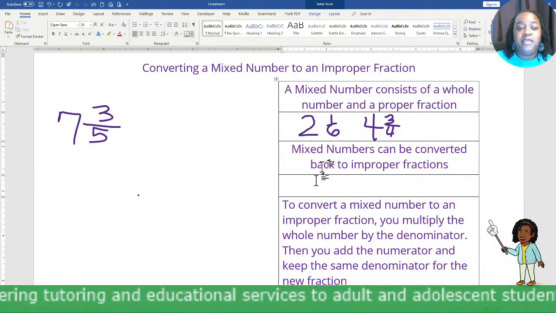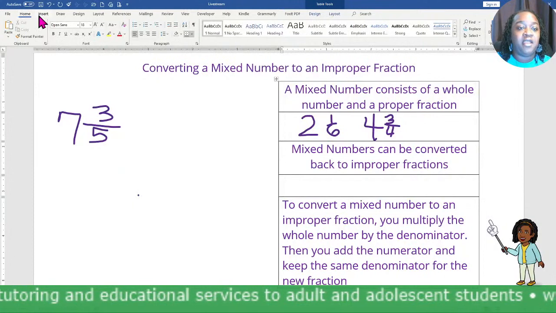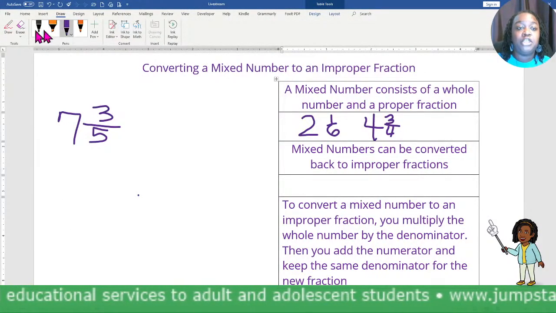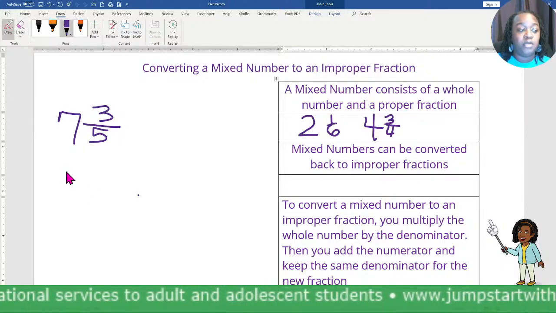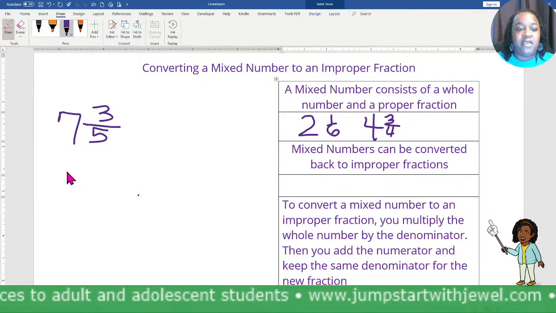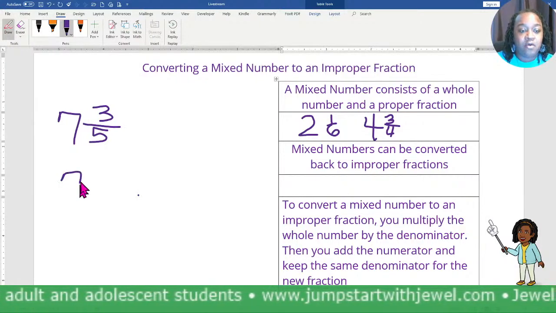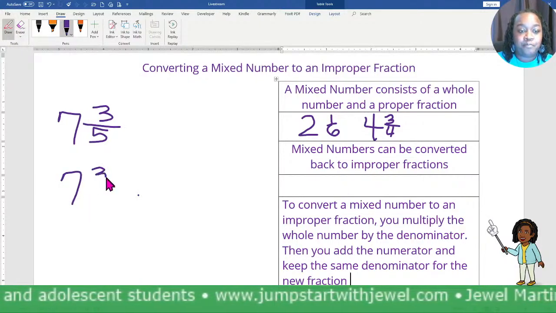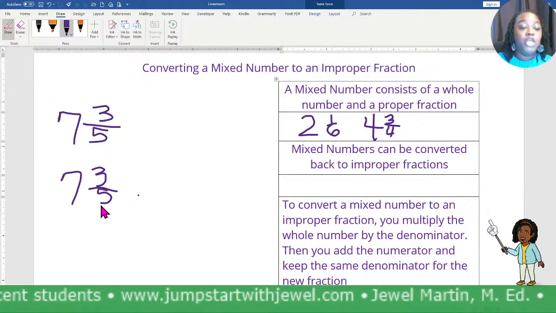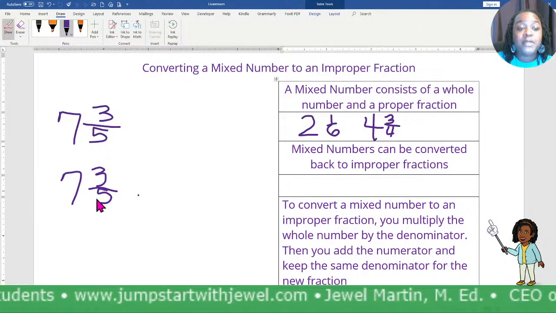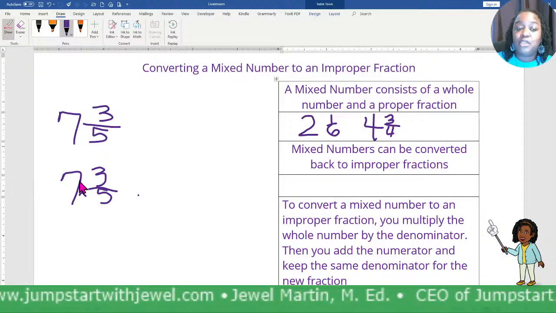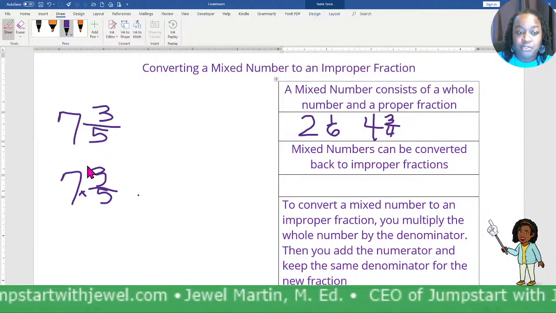So the fraction I have right now is 7 3/5. If I wanted to convert this to an improper fraction where I get rid of the whole number and it's just the fraction itself, you multiply the whole number times the denominator. Then you add the numerator to it.